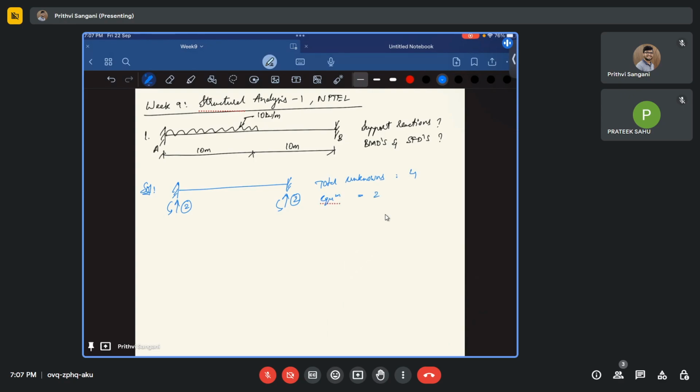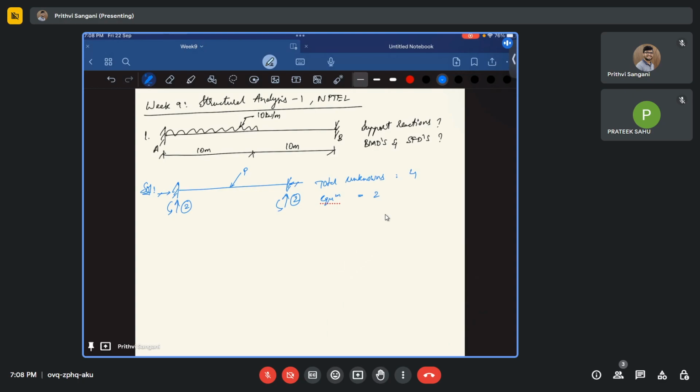And we have only two equilibrium equations: sigma Fy equal to 0 and sigma M equal to 0. You may ask me what about sigma Fx? As this is a beam, we usually consider gravity loads. In case you have some inclined load P, you would also have horizontal reactions at each support.